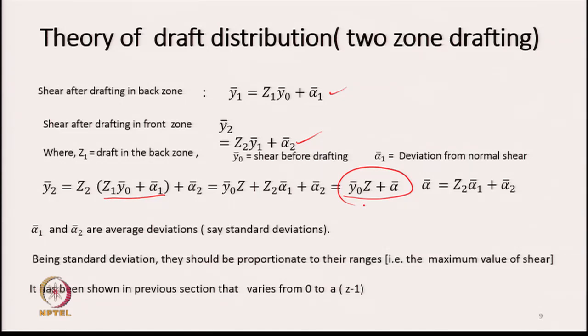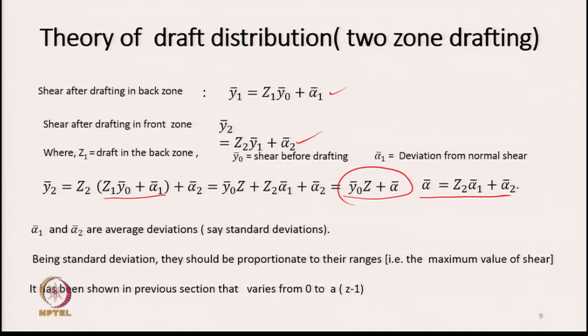If the drafts in the two zones are Z1 and Z2, the total draft is going to be the multiplication of these two individual drafts, and alpha bar is also shown here.